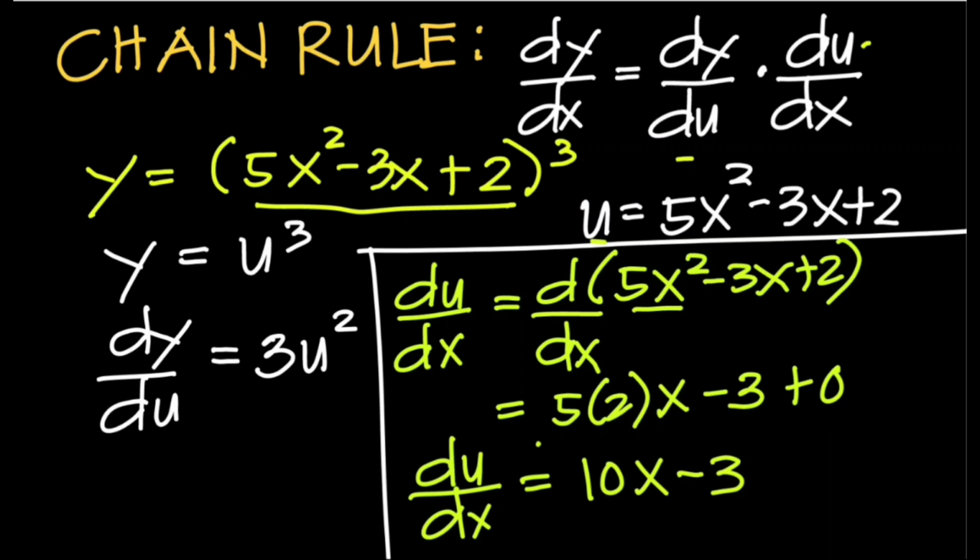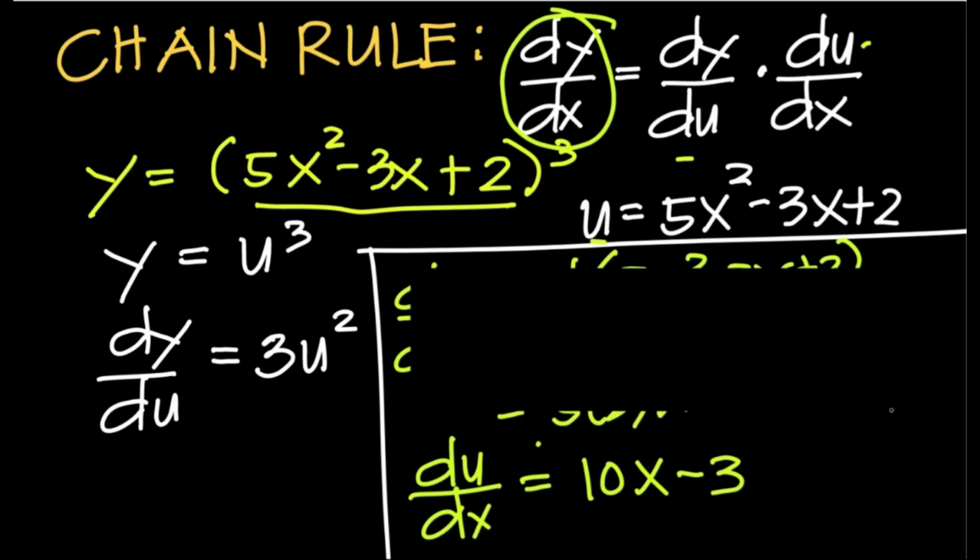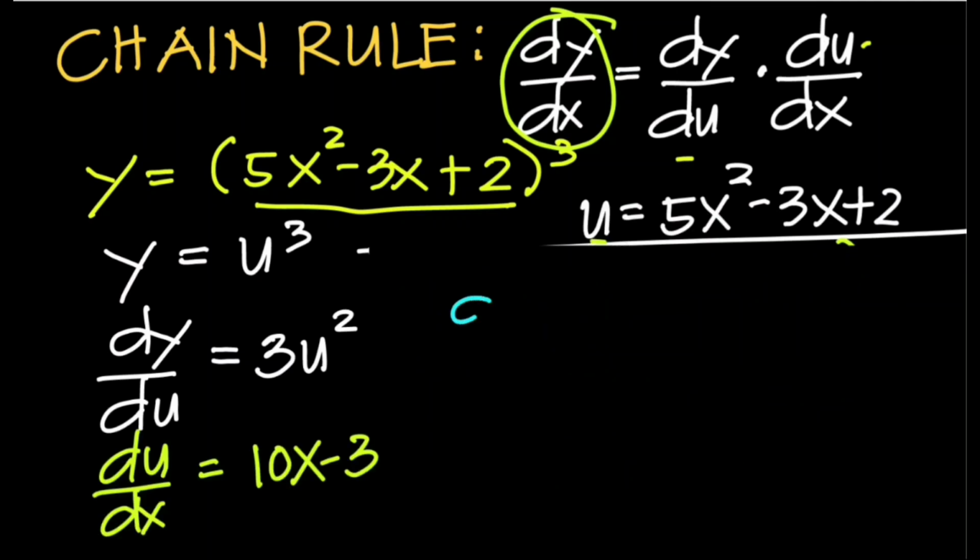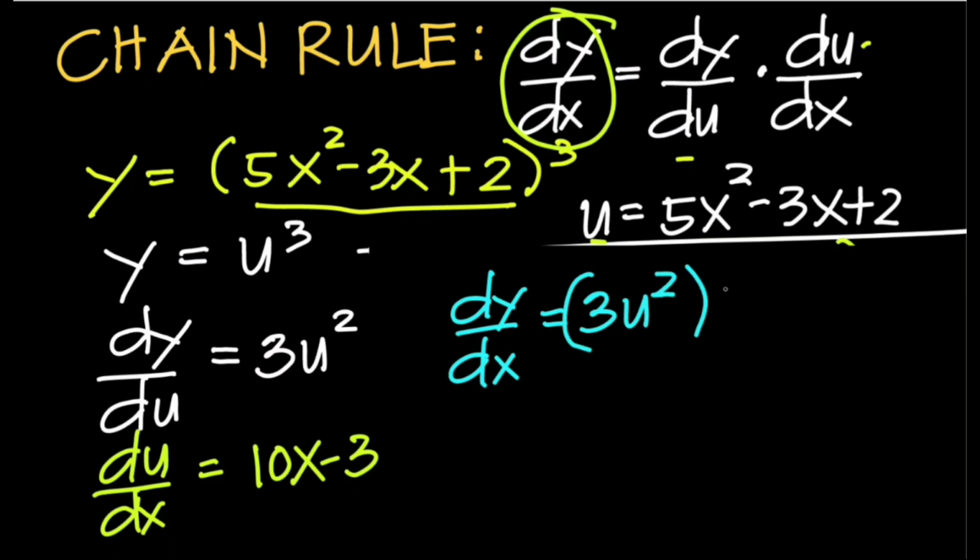And now we can find dy over dx because we've already solved dy over du and du over dx. So dy over dx is just equal to the product of dy over du, which is 3u squared, and du over dx, which is 10x minus 3.